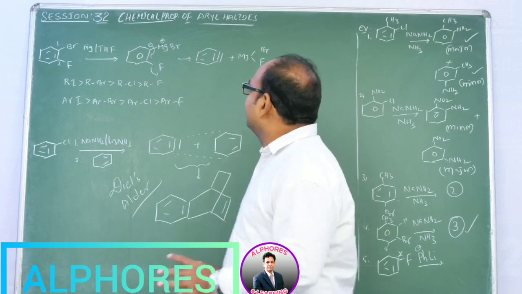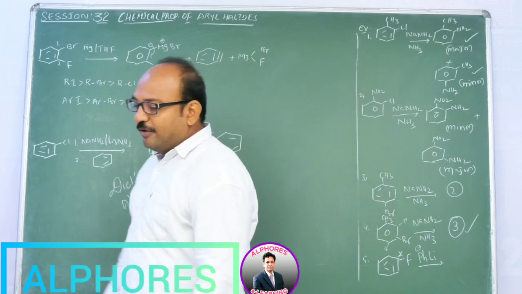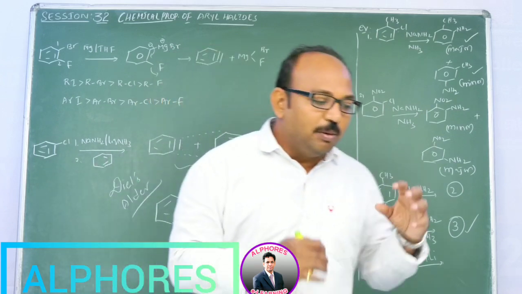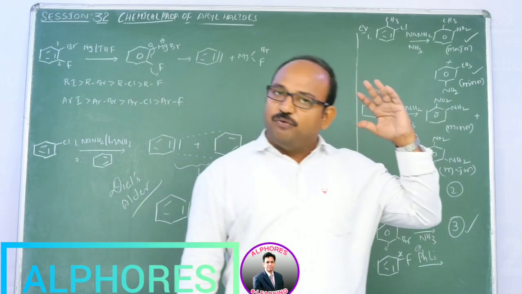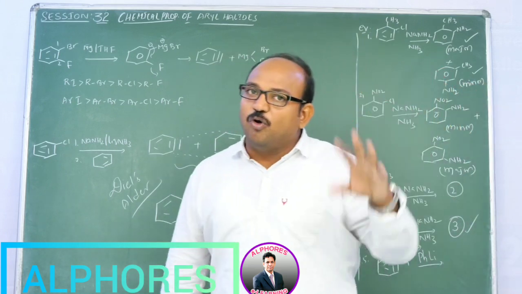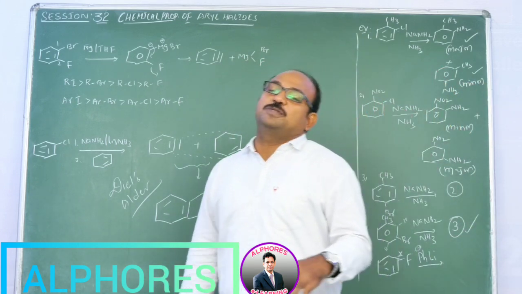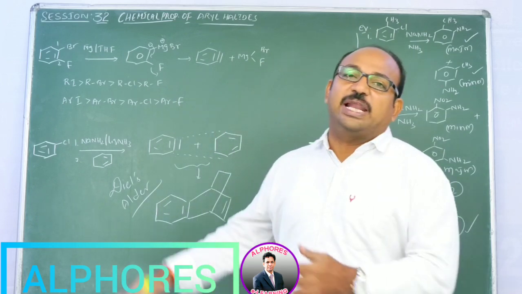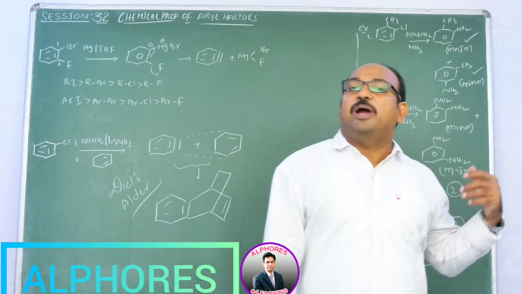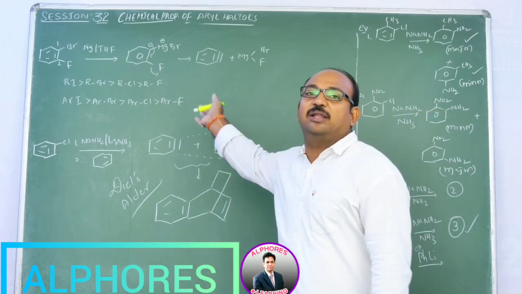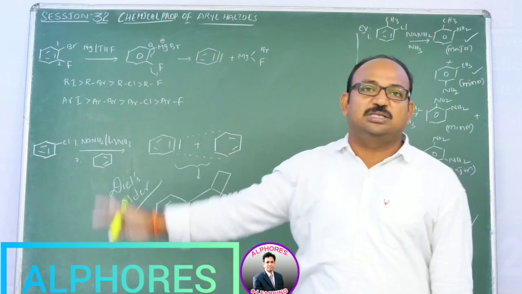Okay. So we learned which types of mechanisms aryl halides take part in. First addition followed by elimination, when NO2 or any electron withdrawing groups are present in aryl halides at ortho and para positions only, whereas elimination followed by addition is seen upon reaction with liquid ammonia and sodamide or potassium amide.